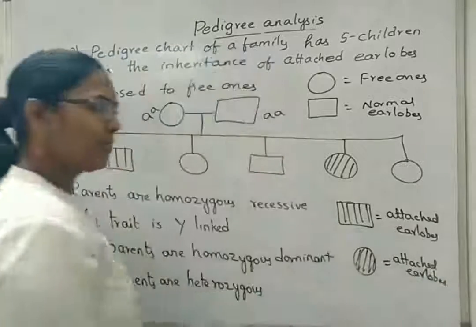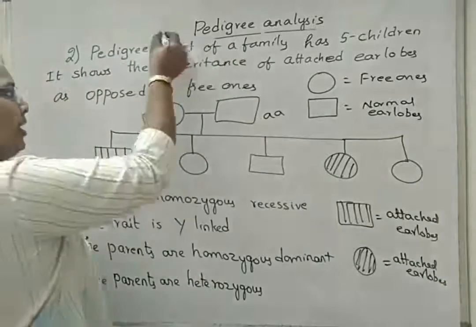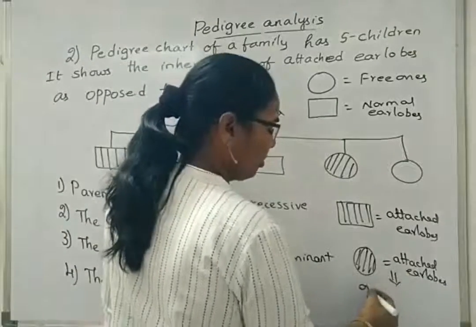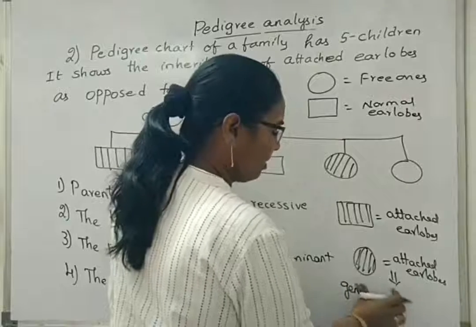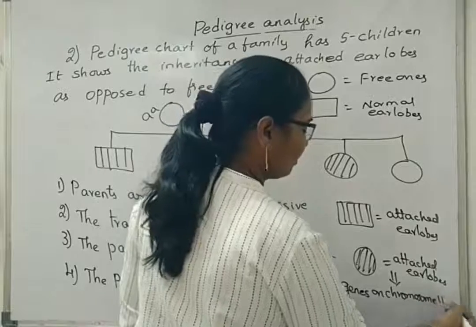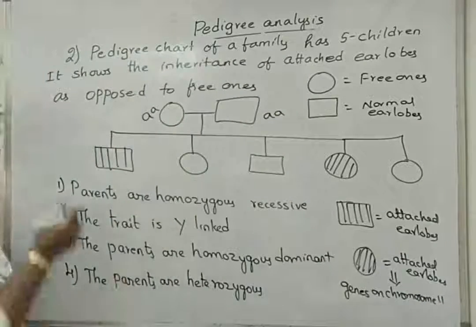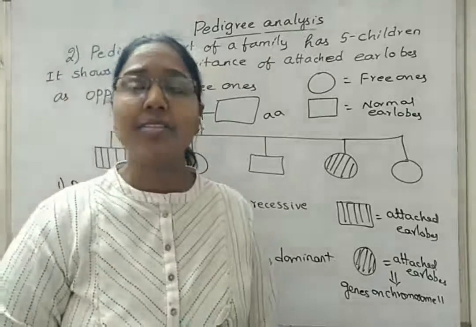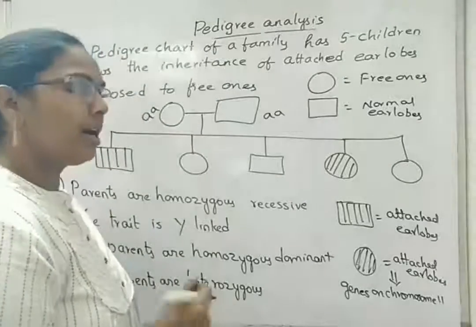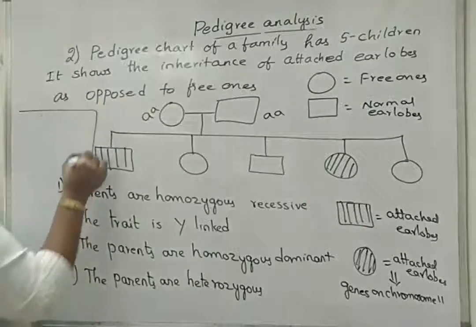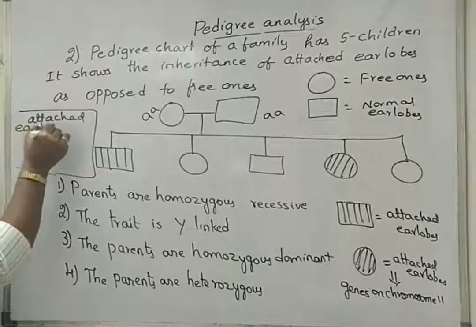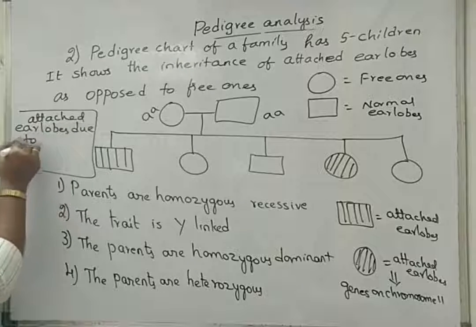Now, the genes that are responsible for attached earlobes are located on, where shall we write that? Attached earlobes. The genes are located on chromosome 11. Now, normal unattached earlobes are majorly due to the dominant genes. Attached earlobes are due to recessive genes.